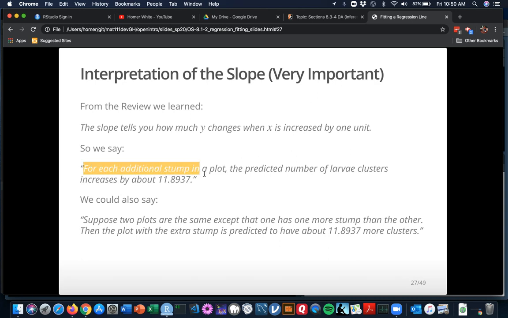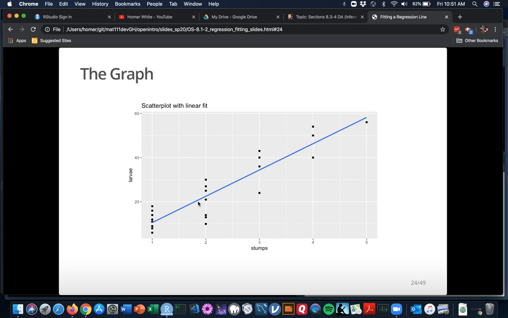For every additional stump in the plot, that's increasing the x by a unit, the predicted number of larvae clusters increases, see that's the change in the y, by about slope. And so, looking back at that graph, every time you move the number of stumps up by 1, say from 2 to 3, then your position on the y-axis when you're at this line, it goes up.